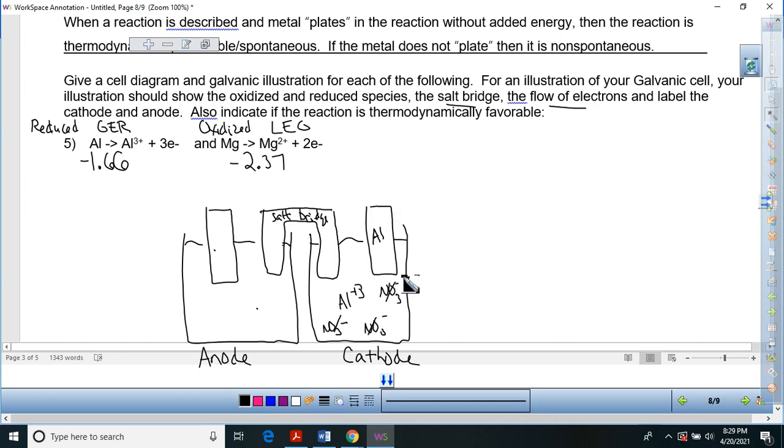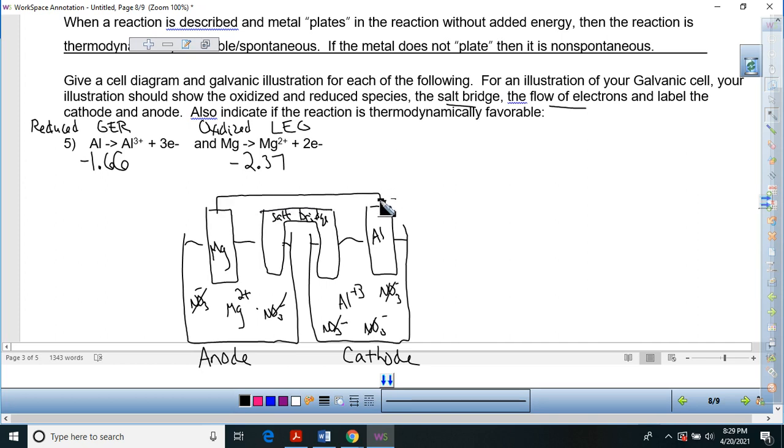And then you have your aluminum electrode. Okay, so on the anode side, so losing electrons, oxidation is at the anode. So the anode side is the magnesium. And your solution has the magnesium ions. Could also be magnesium nitrate. Okay, but these will be spectator ions.